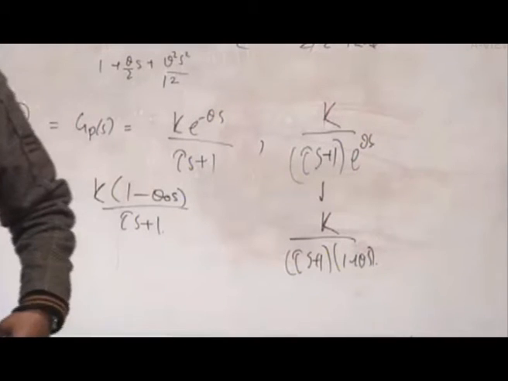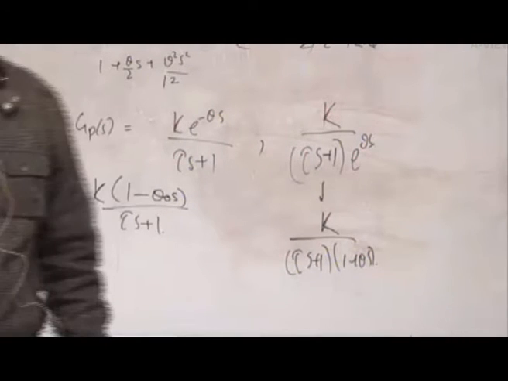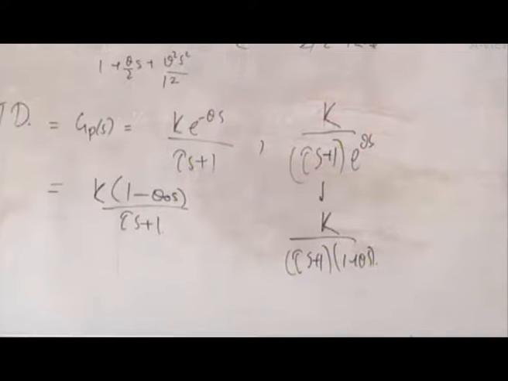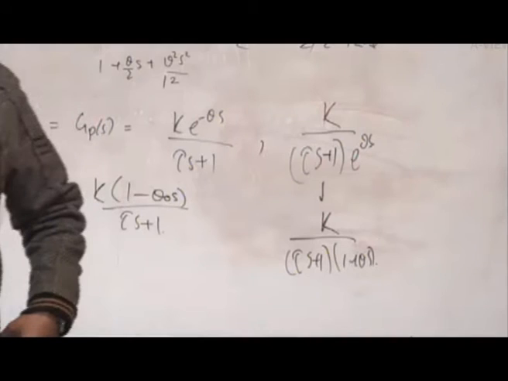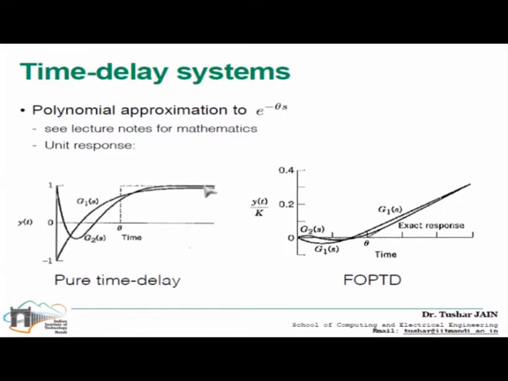So we'll see how. As you see in the slides, what I have done is take the unit step response. Two transfer functions are plotted in the figure, G1 and G2.